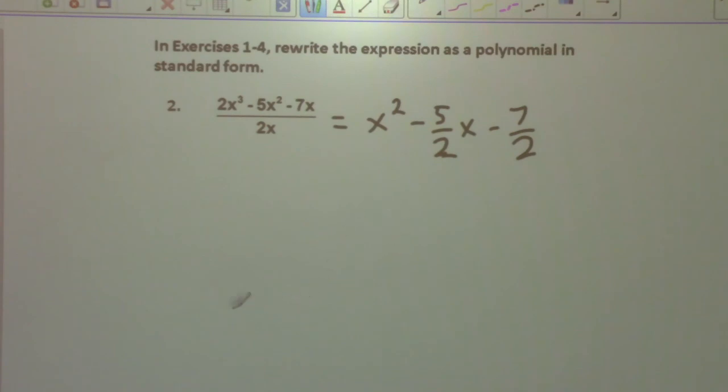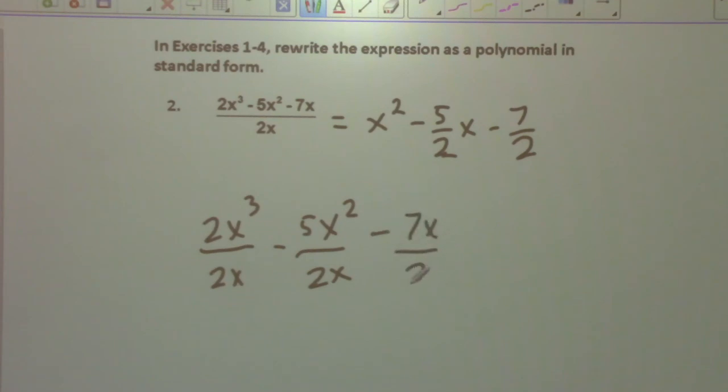I think that's correct, but just to validate here, I'm going to rewrite this as 2x cubed over 2x minus 5x squared over 2x and minus 7x over 2x. So you can kind of see what happens here.